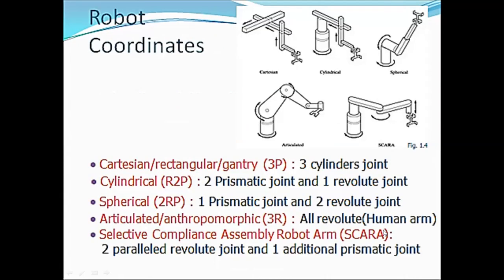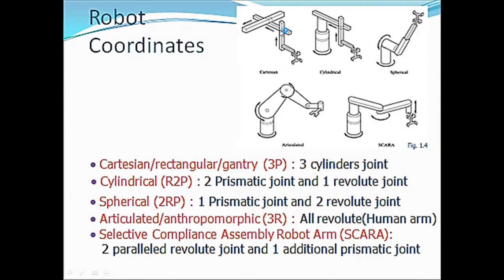Next, we have to understand there are different types of coordinate systems. In the previous lectures, we have already discussed that there are some systems which come into the picture, and mainly these types of coordinate systems are used in industrial robots. First is the Cartesian coordinate.